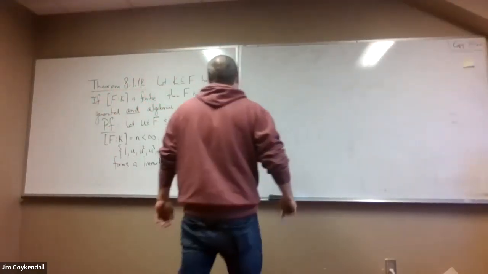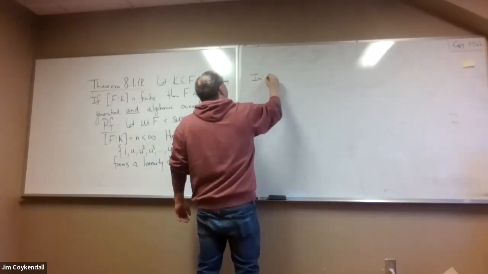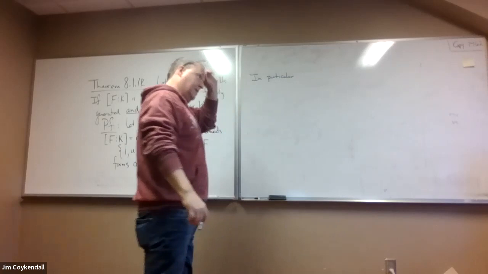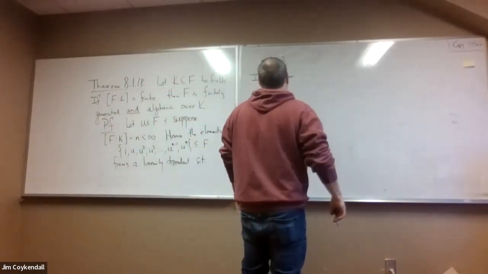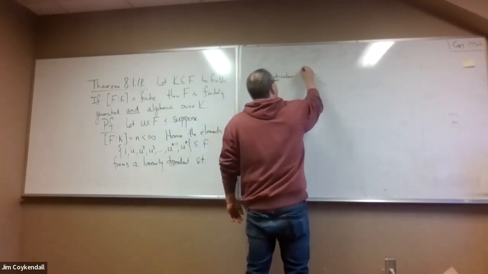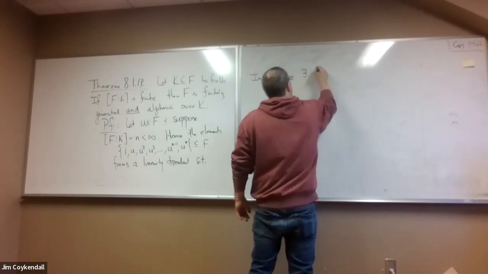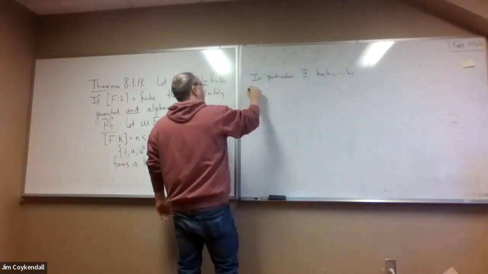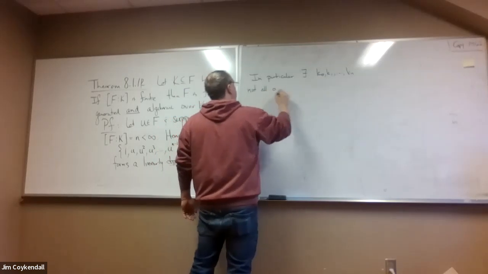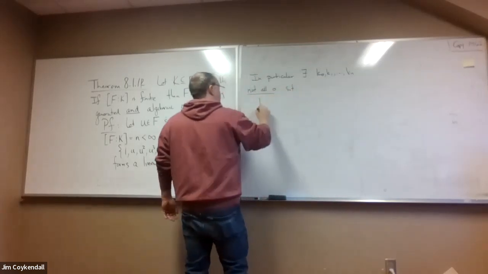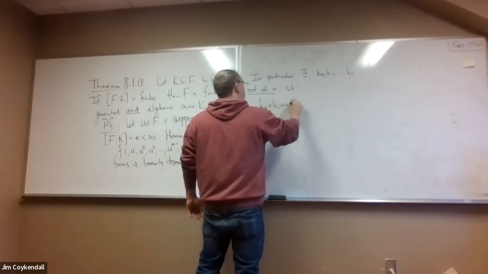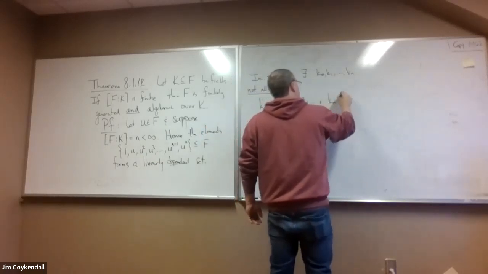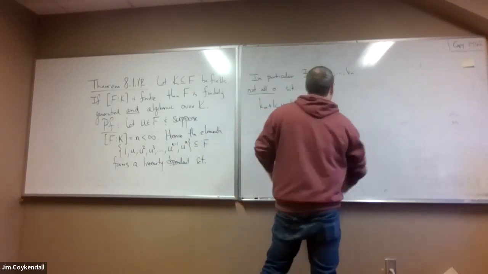So in particular, there exist, let's say, k0, k1 up to kn, not all 0, such that k0 plus k1 u plus k2 u squared plus up to kn u to the n equals 0.